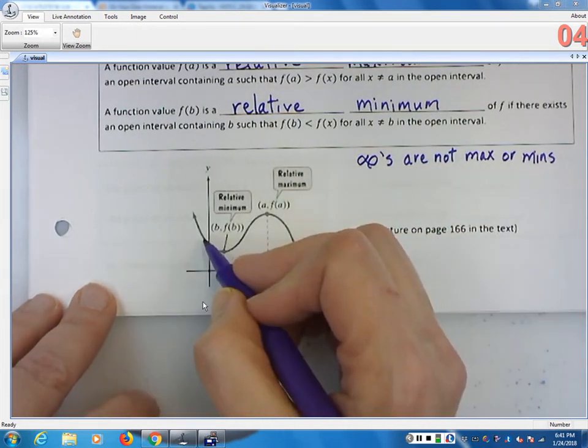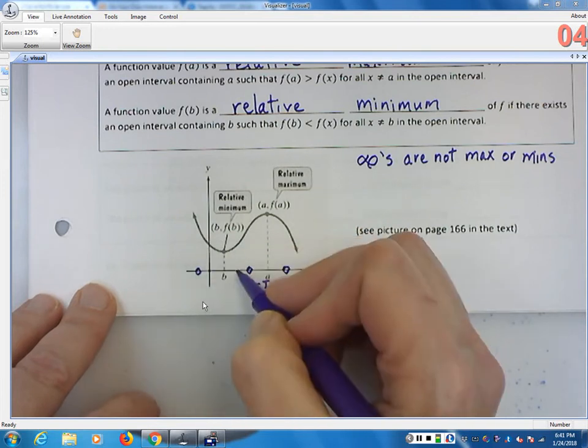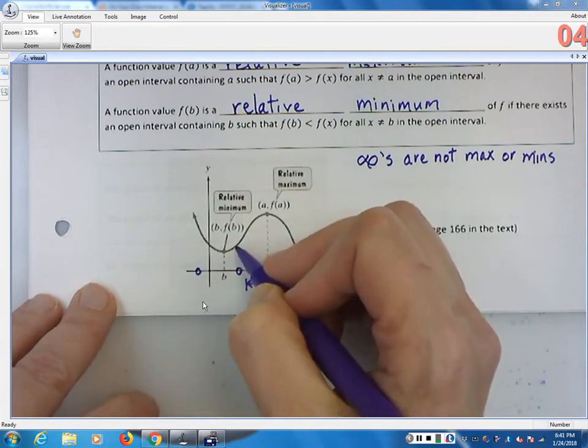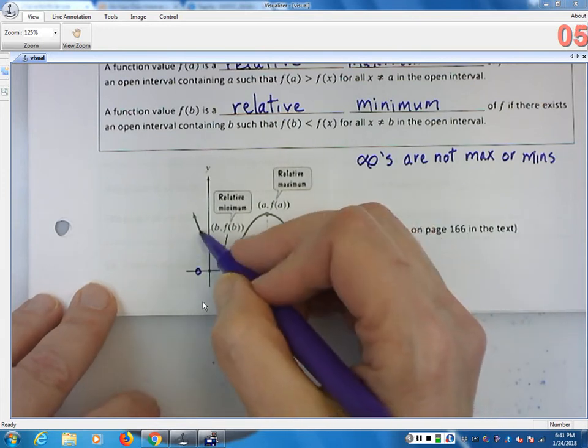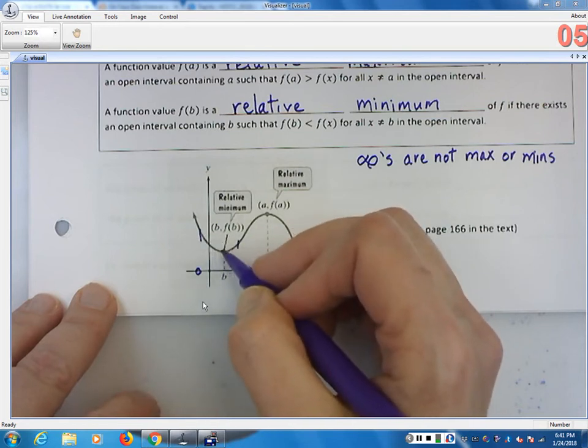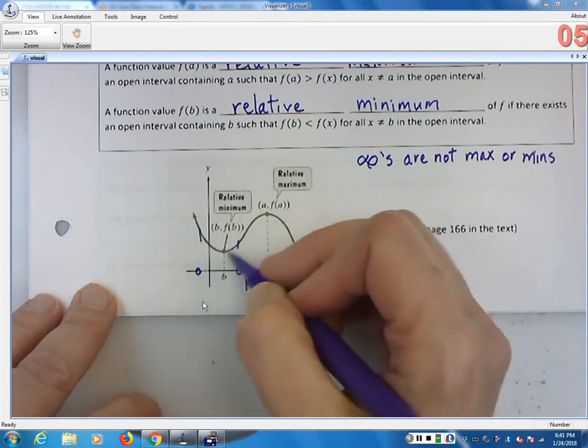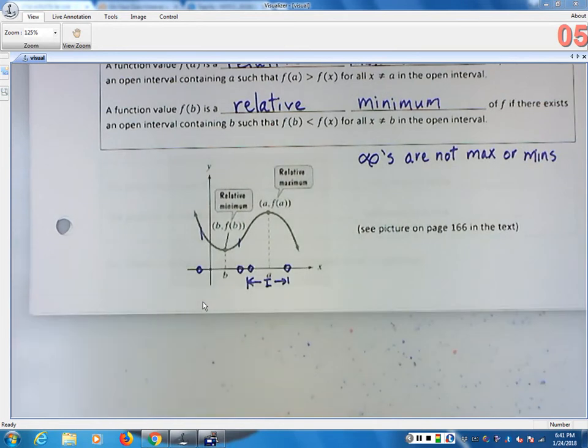So if you can come up with an open interval around this, from here to here, say, f of b is less than all the f of x's in here and here. And it's pretty obvious where the relative minimum is. But minus infinity is not a relative minimum.